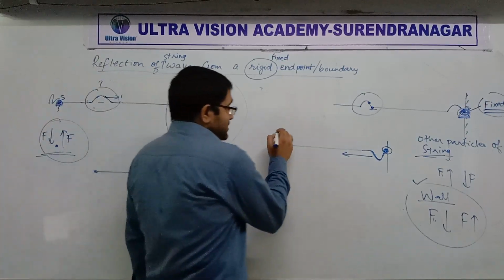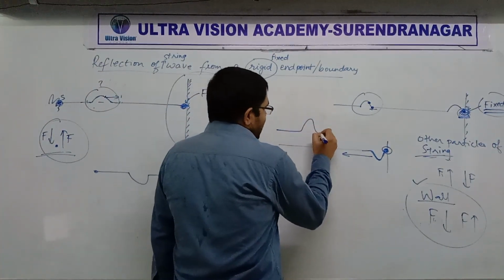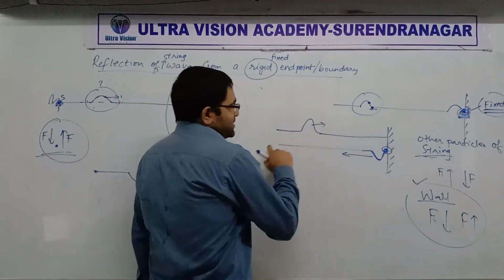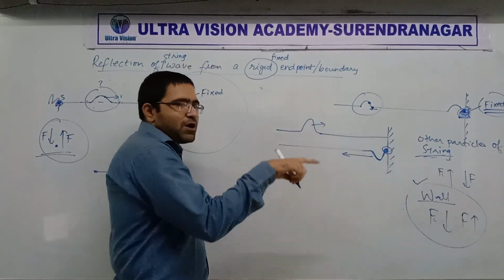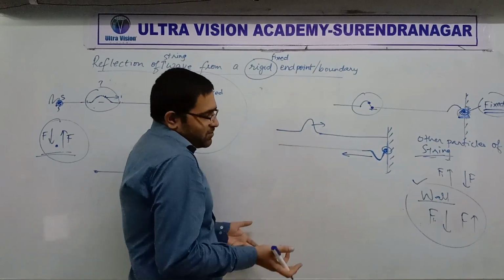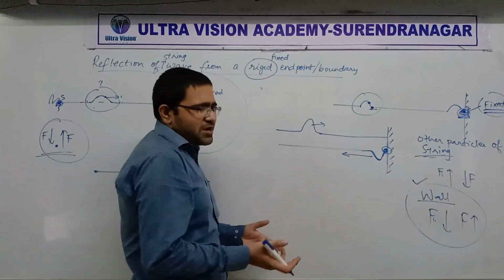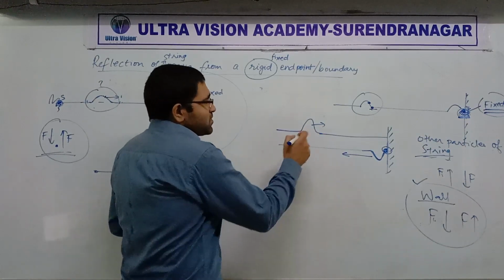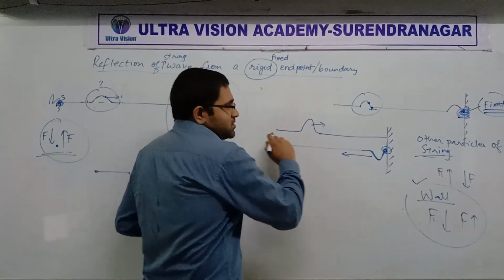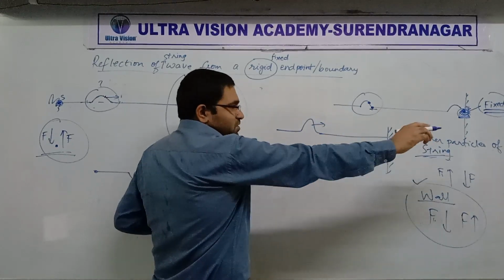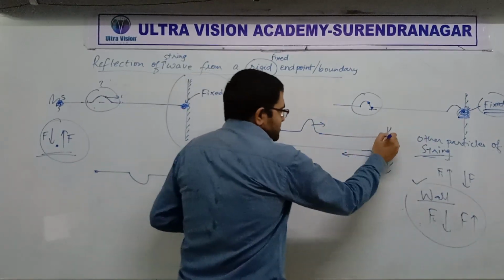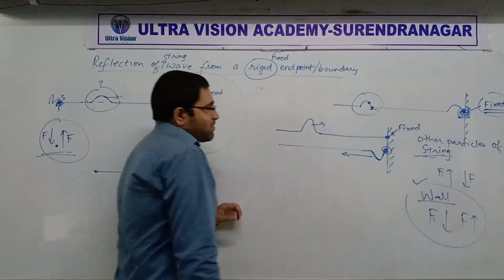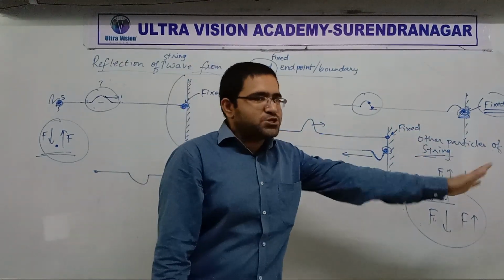What do I mean? Incident wave was like this. These are two separate diagrams about the same string. Don't ask why there are two strings. There are not two strings. There is only one string. I am drawing it separately. So if you send a wave pulse like this towards the right side and this point is immovable or fixed, then what will happen when the wave pulse reaches there?